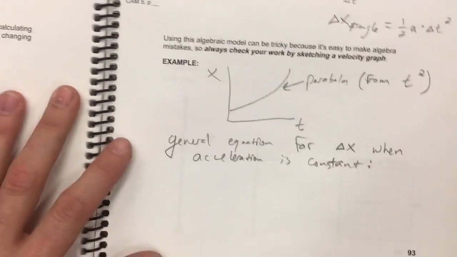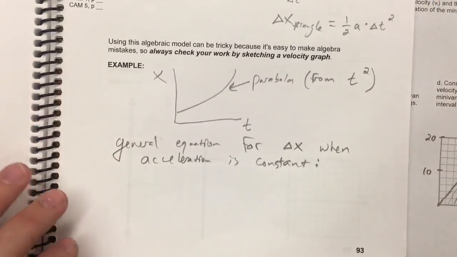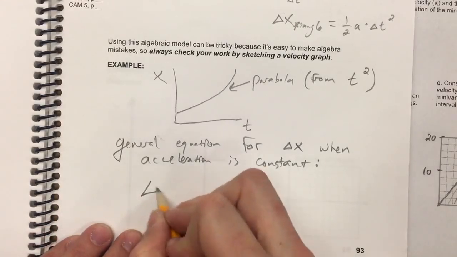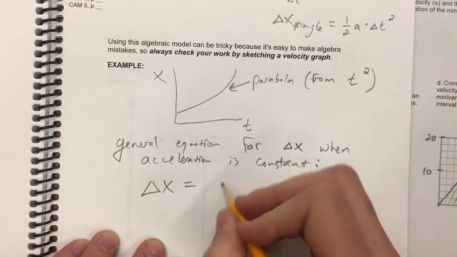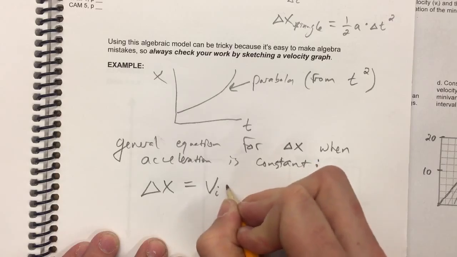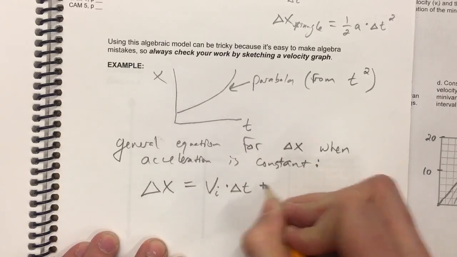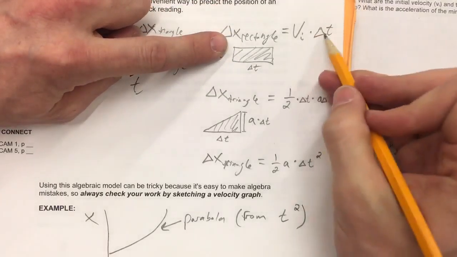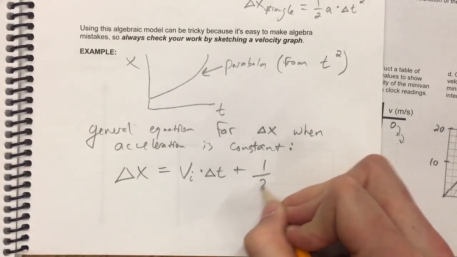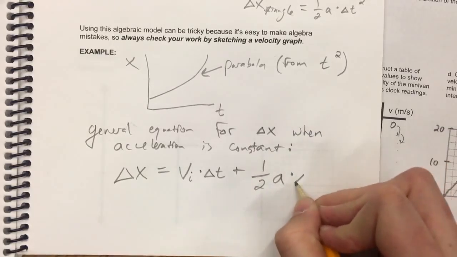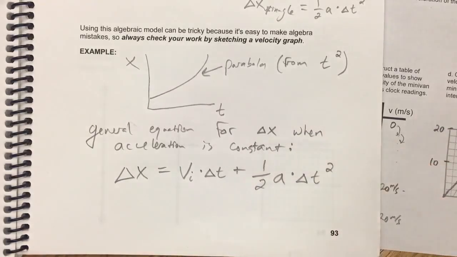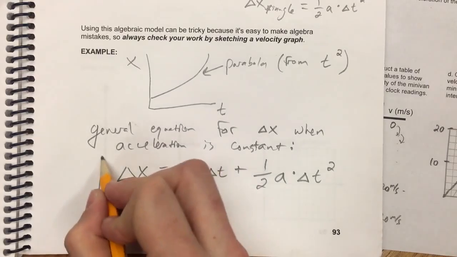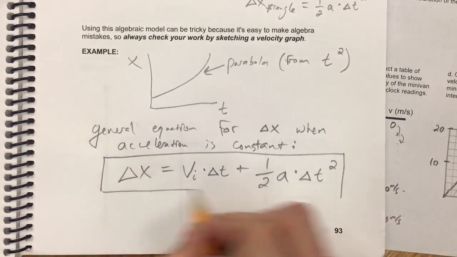But if we use this general equation, it'll work out also. The general equation looks like this: delta x equals the initial velocity times the time interval, that's from the rectangle, plus 1/2 acceleration times delta t squared. That's the part that's from the triangle.